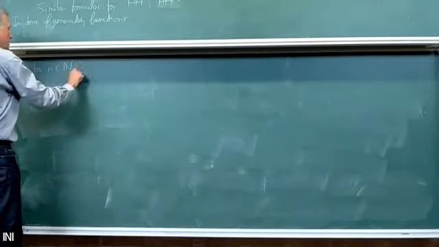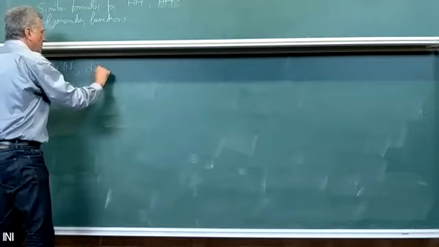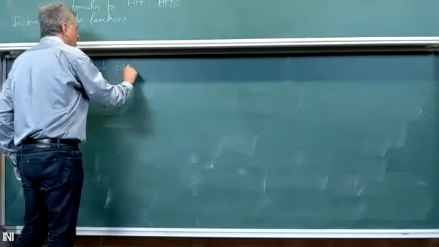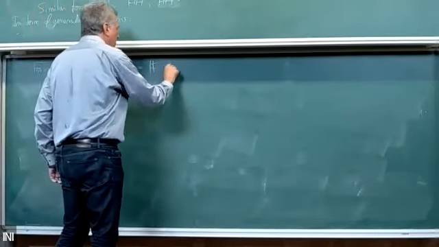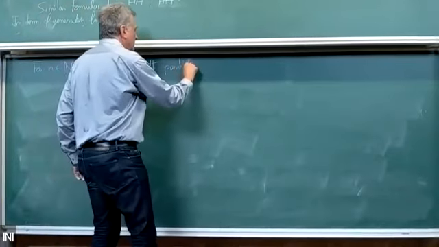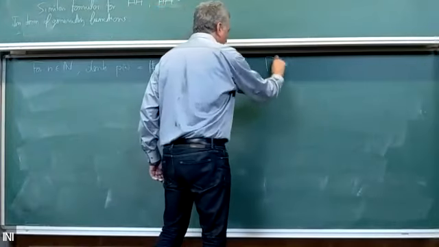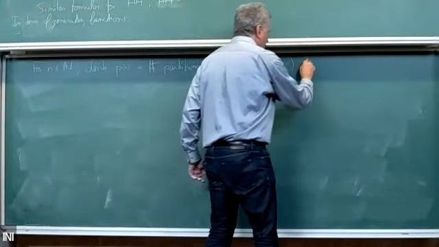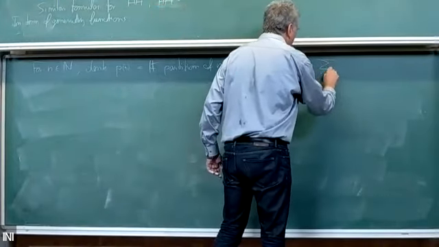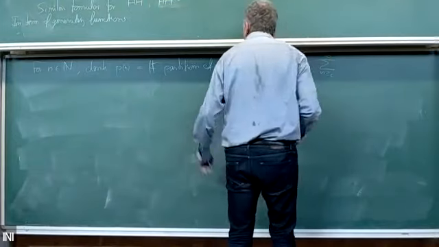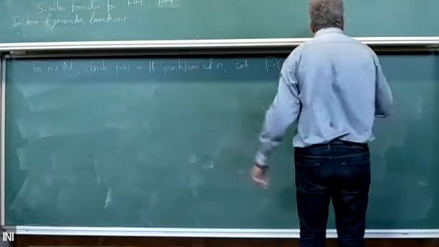For n a positive integer, denote by little e of n the number of partitions. So it's the partition function. And let capital E of t be the generating function, so that's the sum with n running from 0 to infinity, with the convention e of 0 is 1.